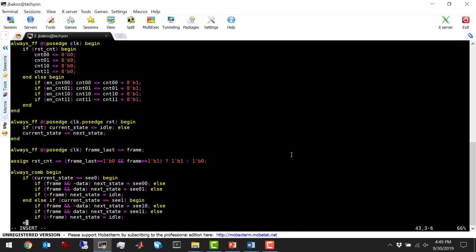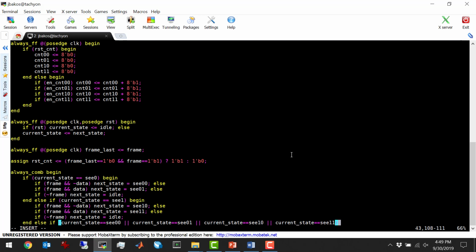Okay, now I think at this point I can take advantage of the redundancy in those states. So I'm going to say end else if current state equals C00 or current state equals C01 or current state equals C10 or current state equals C11.